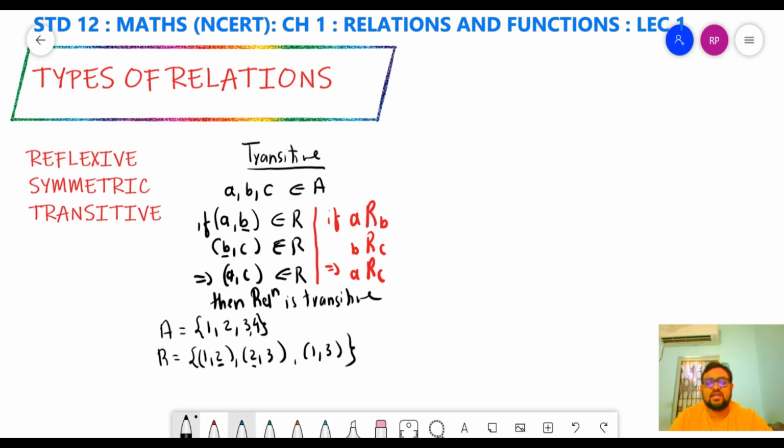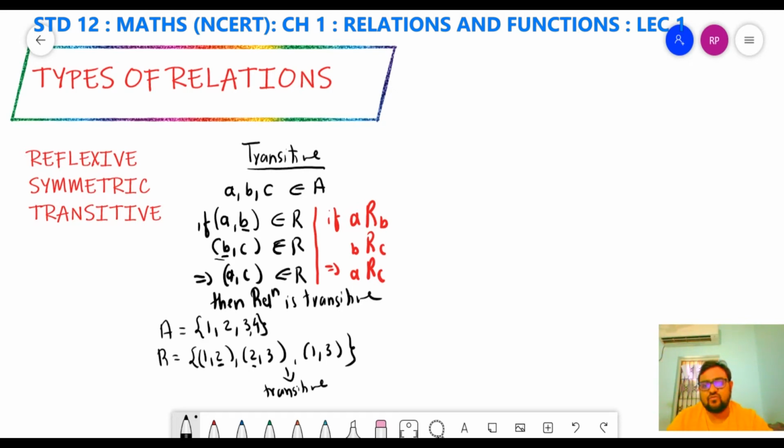If this is the case, then this is transitive. Again, see, it is not for all. If this condition is there, then (a, c) must belong to R. Clear? So there is nothing about 4 because we are not taking any element here.